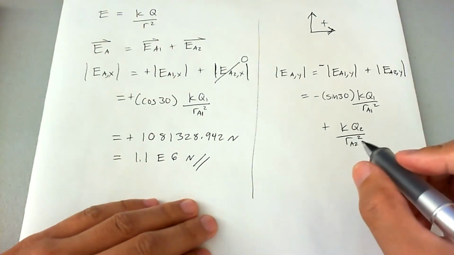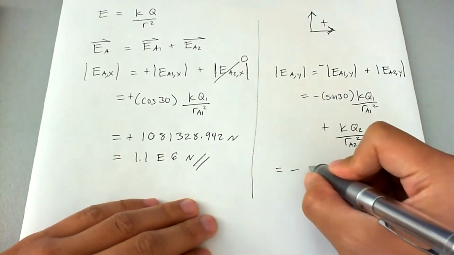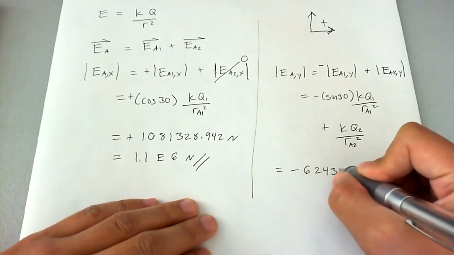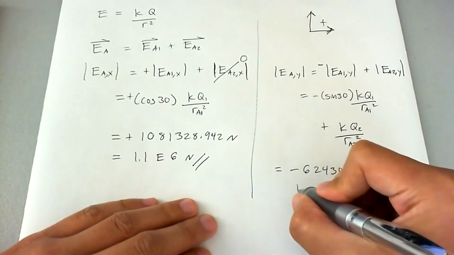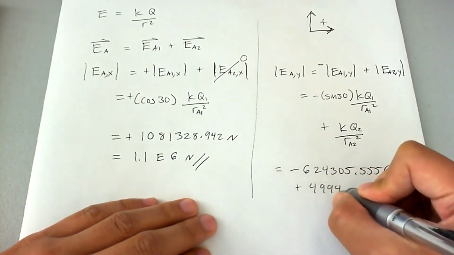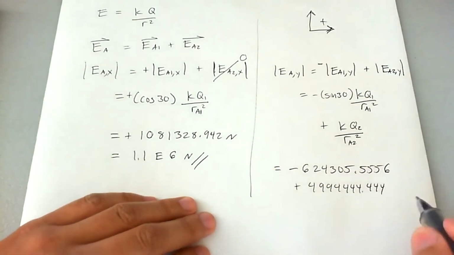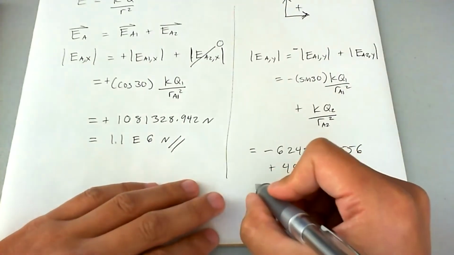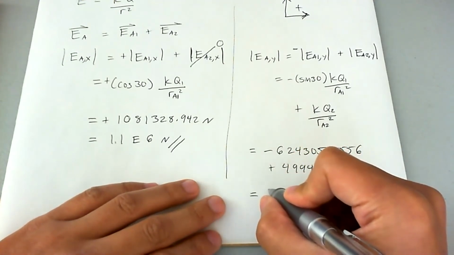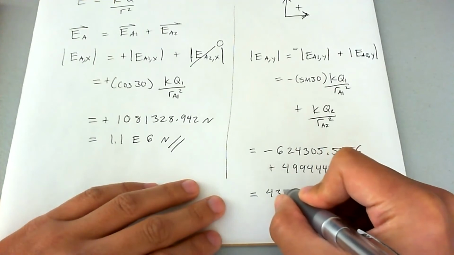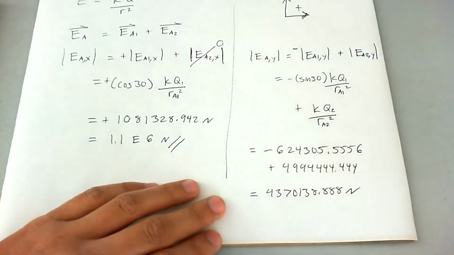The terms end up being negative 624,305.5556 plus 4,994,444.444. Okay, so this is just the raw calculation here. To add them up, it ends up becoming 4,370,138.888 newtons per coulomb.